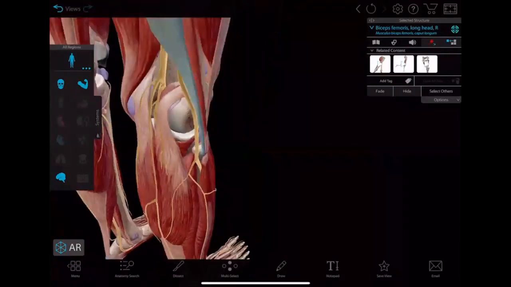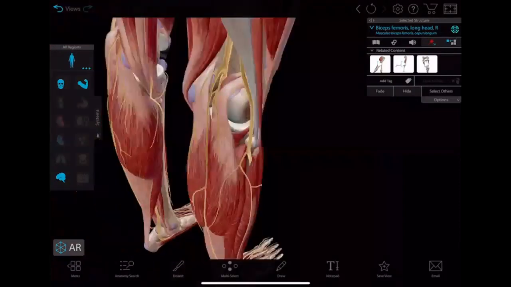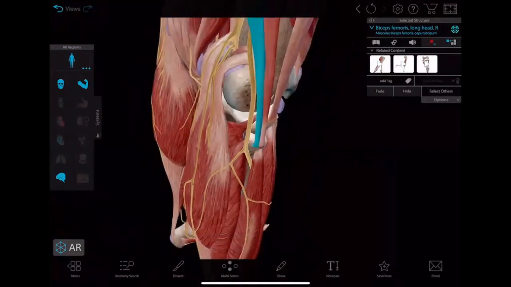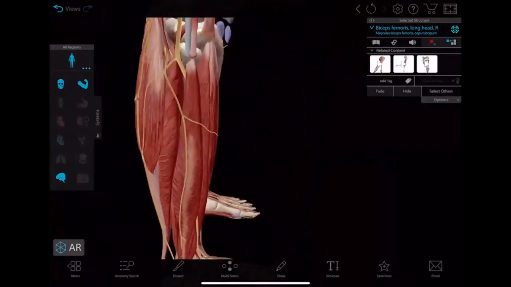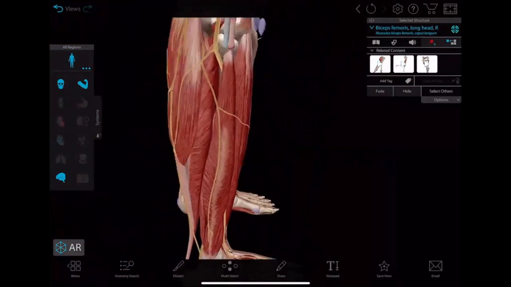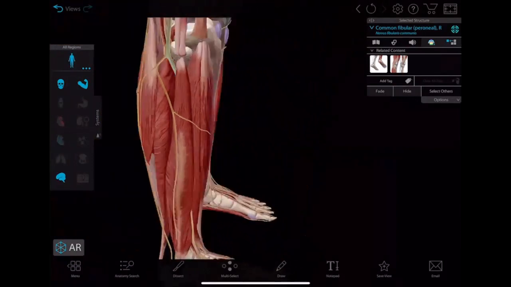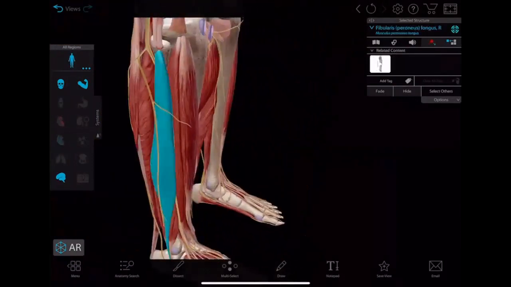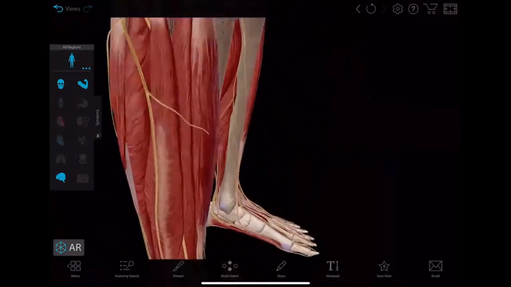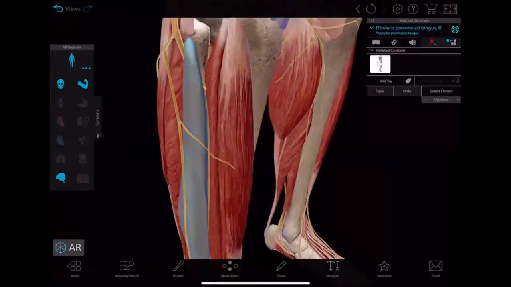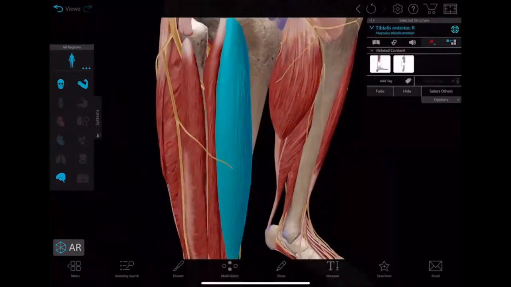Okay, so you see, this is the common peroneal nerve, right? This muscle is fibularis longus or peroneus longus, right? This one is peroneus longus, whereas this one is tibialis anterior.